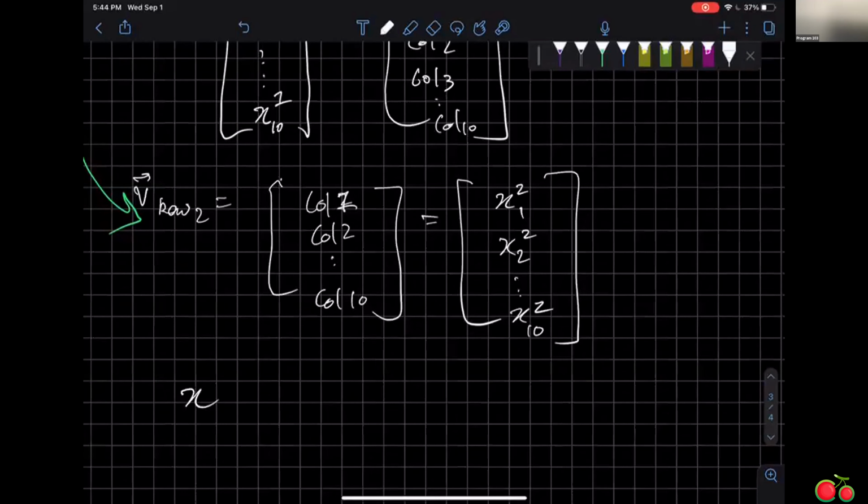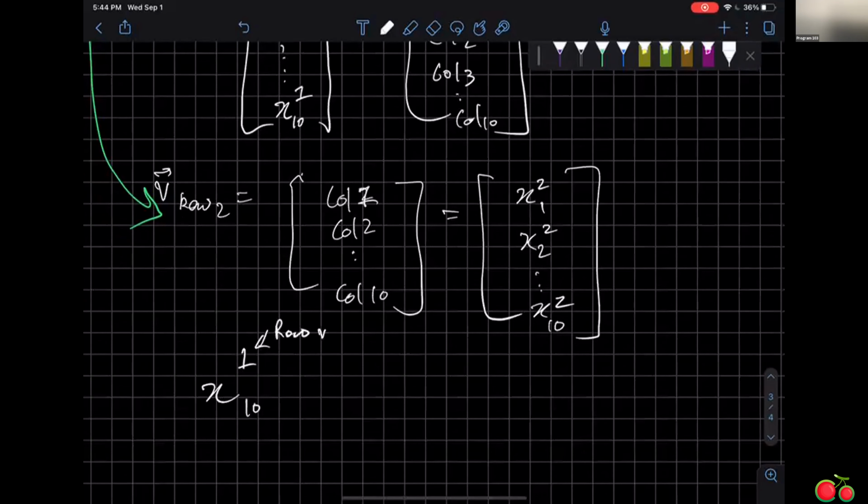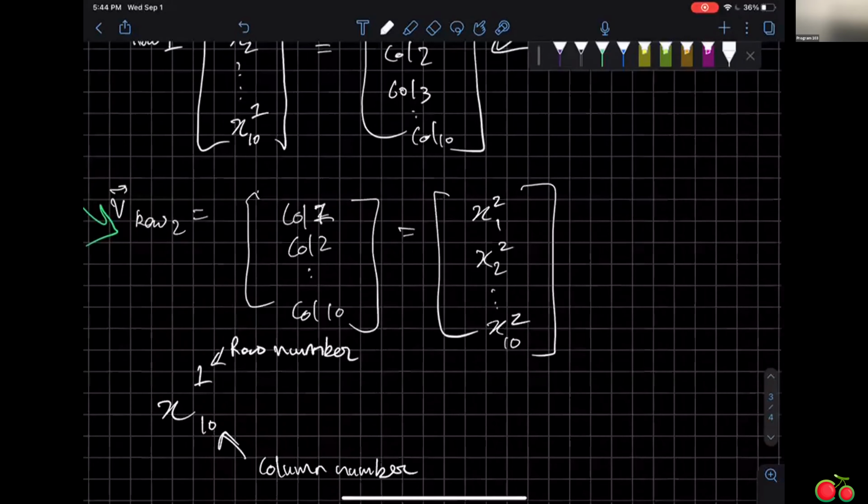People can change this notation, but this tells you the row number, and this tells you the column number. So that's one way to represent it.